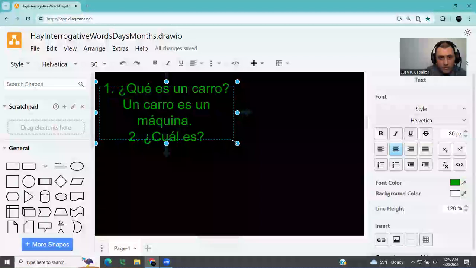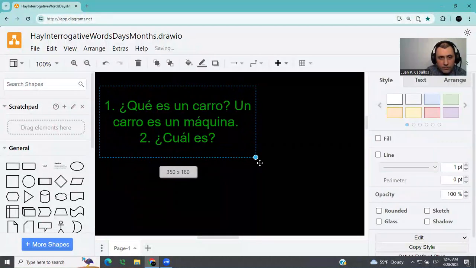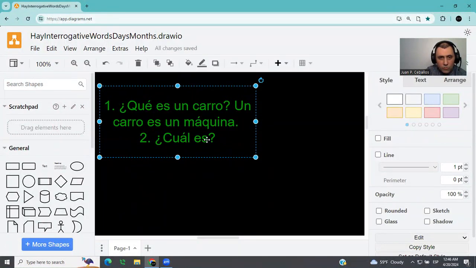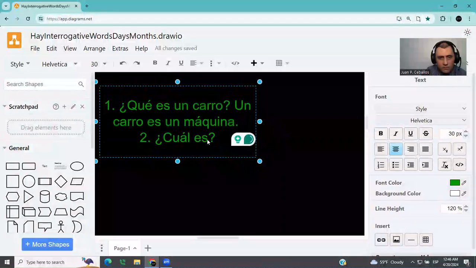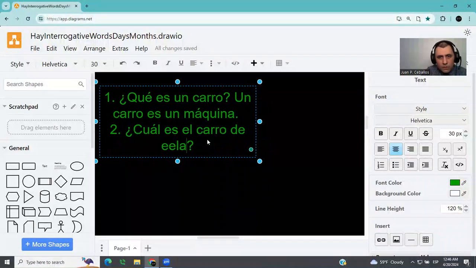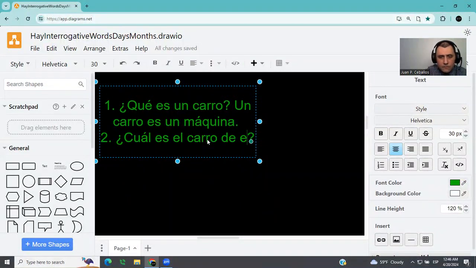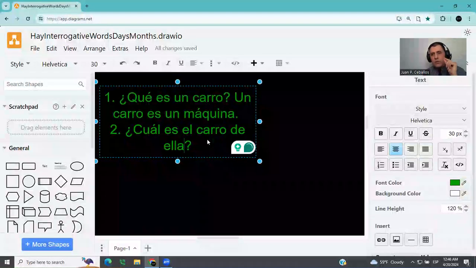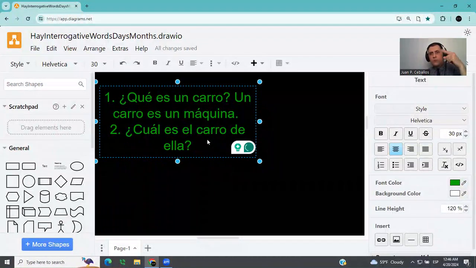Now, the next option here will be ¿cuál es el carro de ella? Now, qué and cuál can both translate as what.